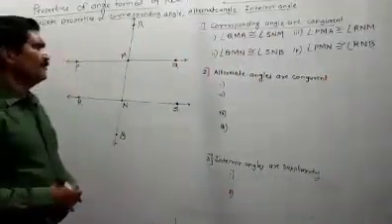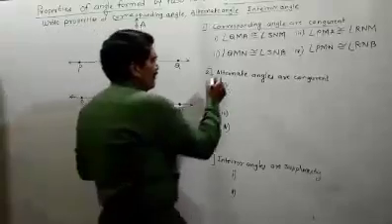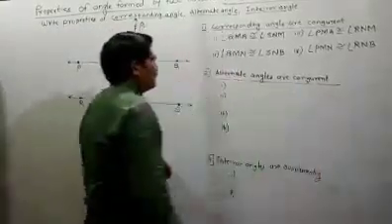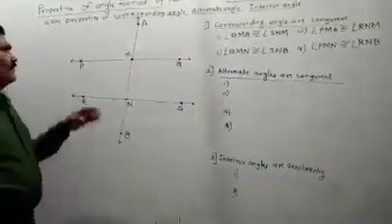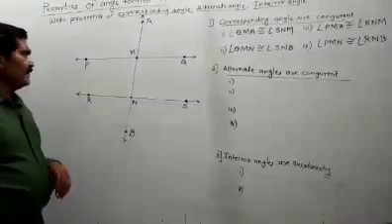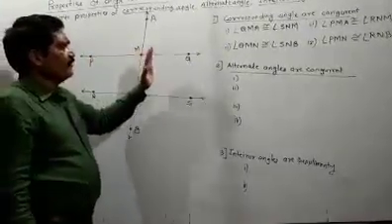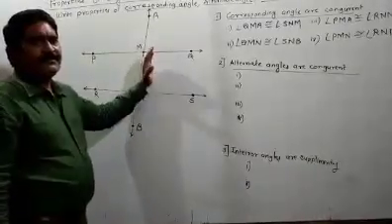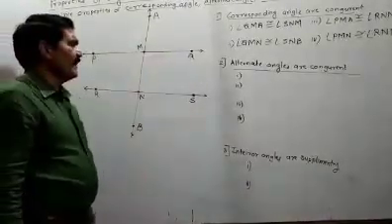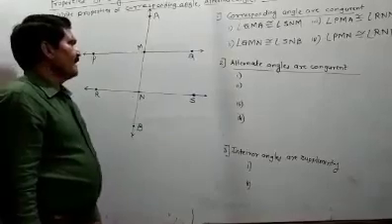Then friends, you have to see the property of alternate angles. Alternate angles are congruent. First of all, you have to read the interior alternate angles. On the left side of the transversal, the angles form interior alternate angles.